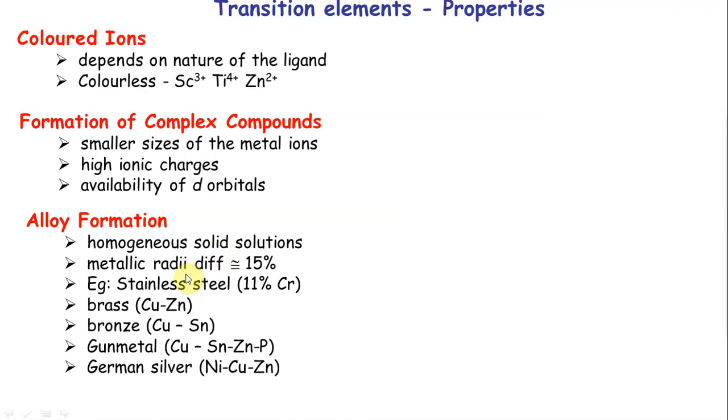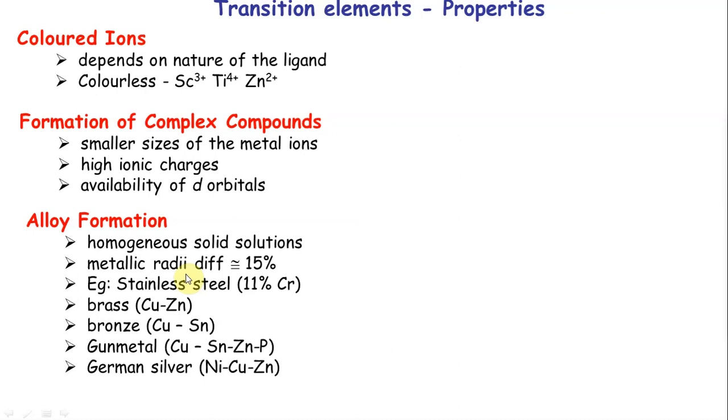Impurity defect, right? But I'm restricted by the size of the metal atoms. I cannot take sodium and put a huge rubidium in there because there is not enough space. At the same time, I cannot put a really small element because it won't be able to bond with the neighboring element. So you want the difference to be very small.